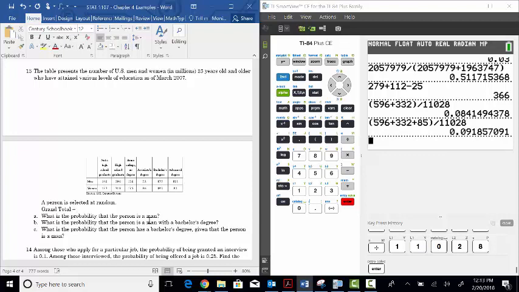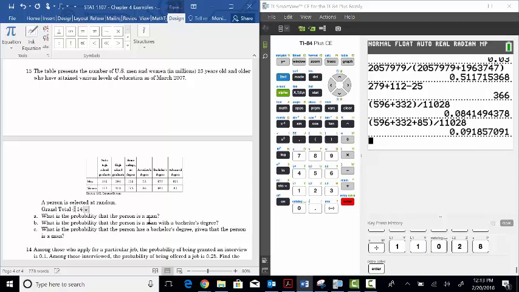These numbers are kind of small, but I'm going to do 14 plus 29.6 plus 15.6 plus 7.2 plus 17.5 plus 10.1.